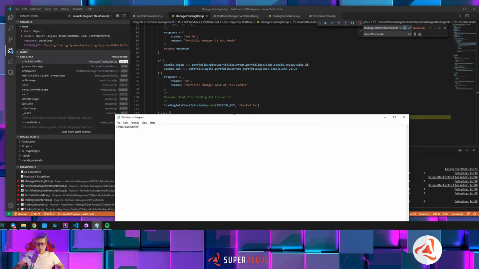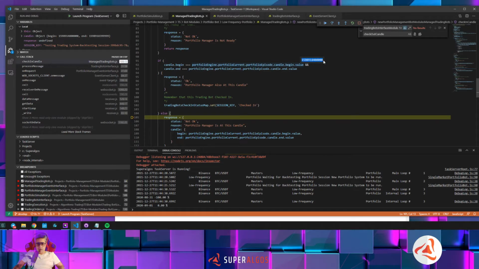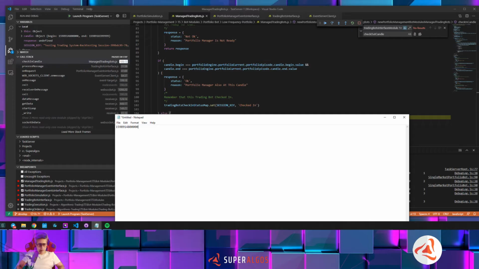Candle begin. So why aren't these candles the same?